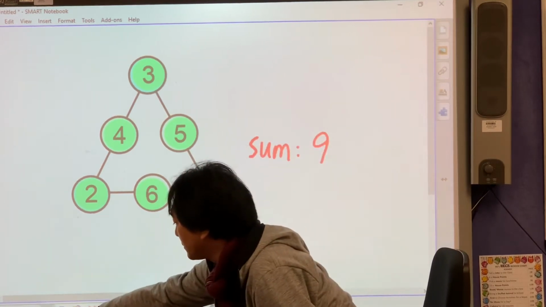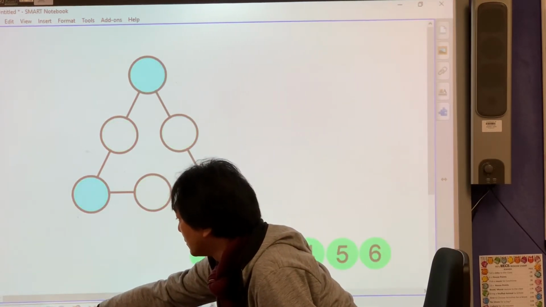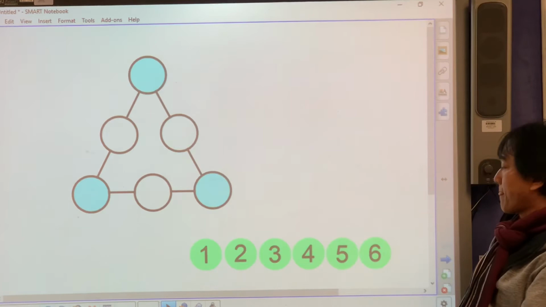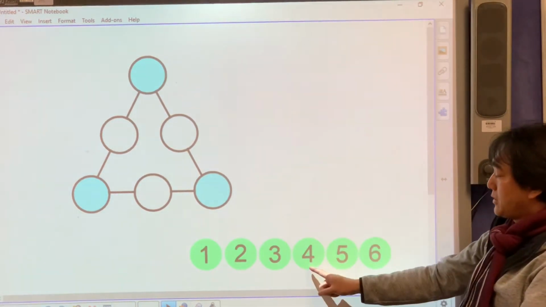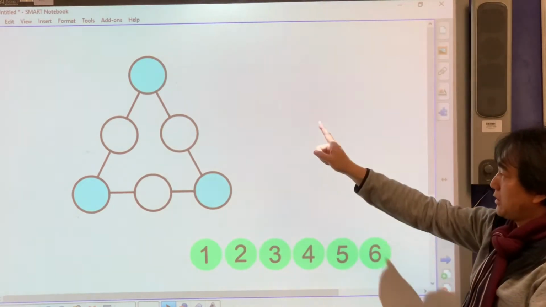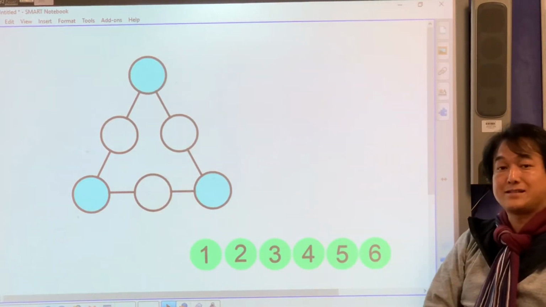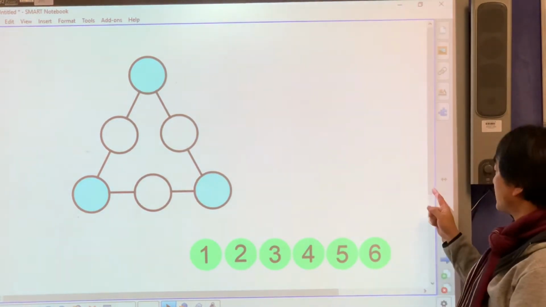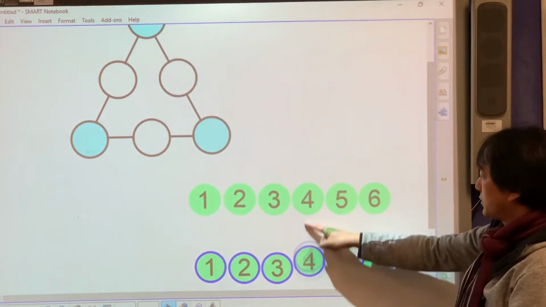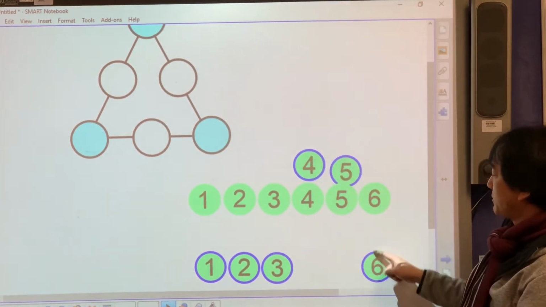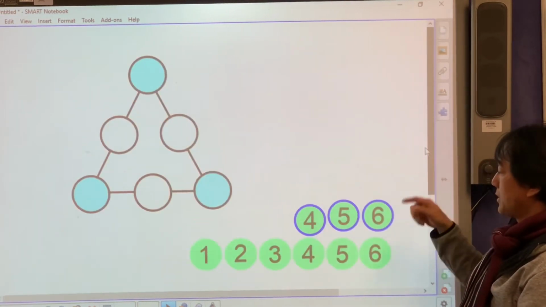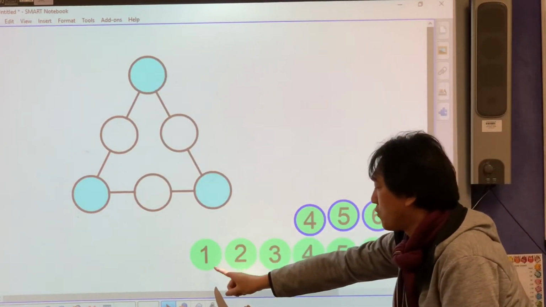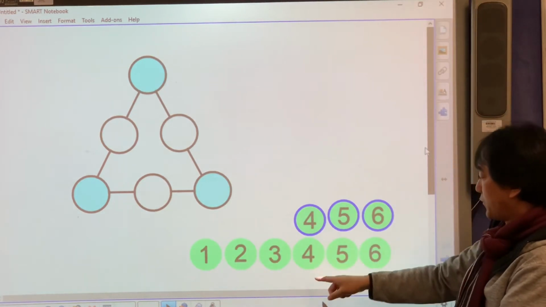So let's go back to what it was. So I'm assuming if we place these three numbers in each corner, the sum is going to be the largest. So I'm going to put these three numbers in each corner. It gets 1 plus 2 plus 3 plus 4 plus 5 plus 6.